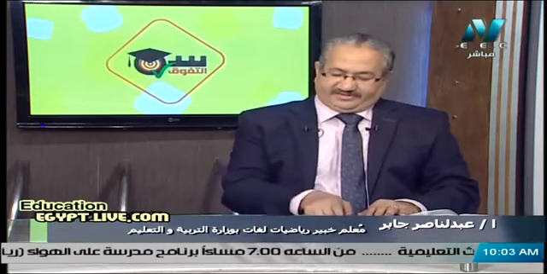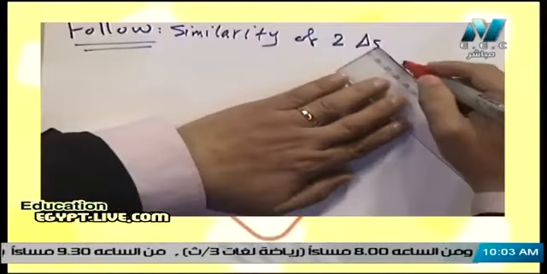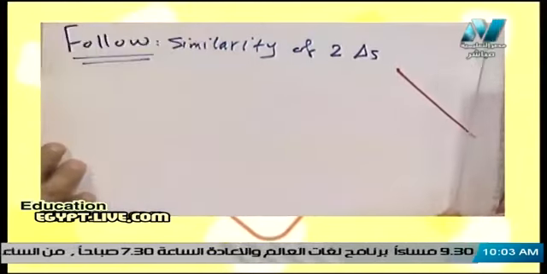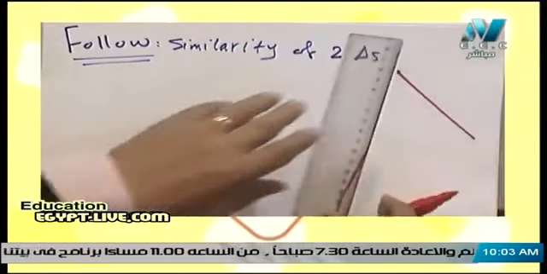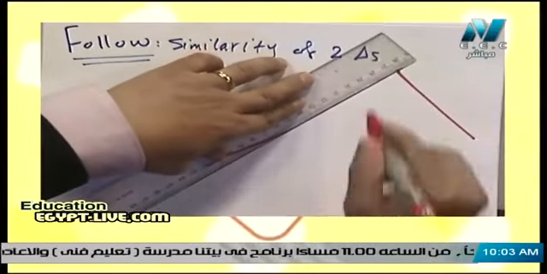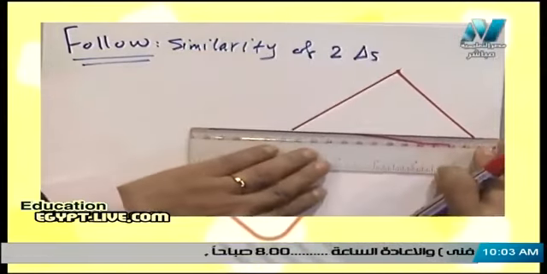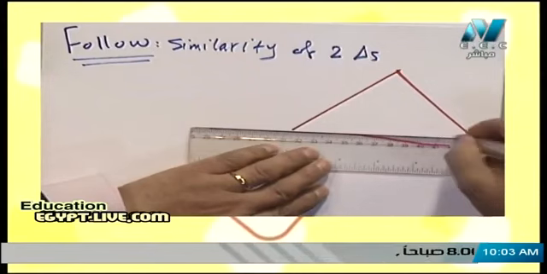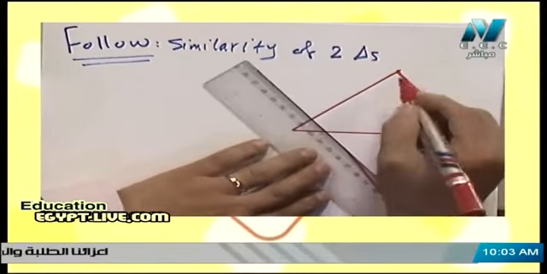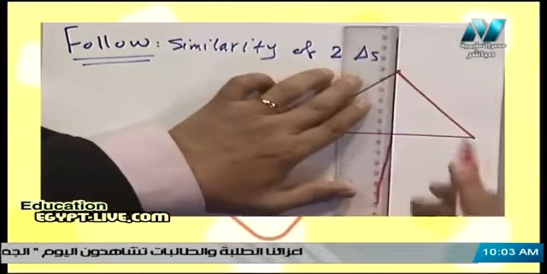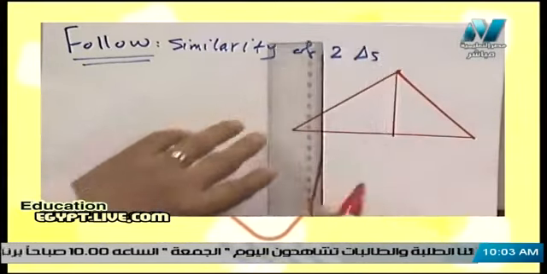Okay, let's concentrate here. If we draw a right angle triangle like that, we have here a right angle triangle, and we will draw a perpendicular from the right angle.